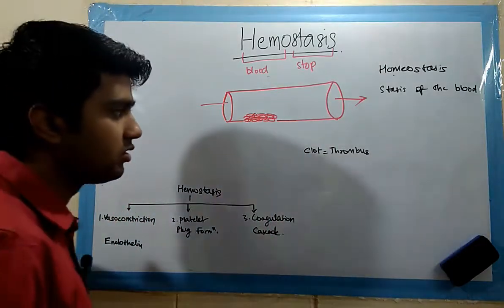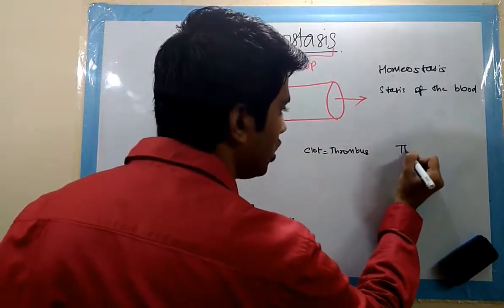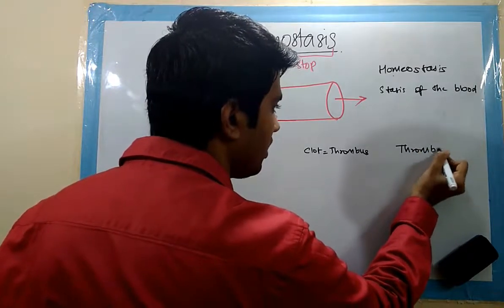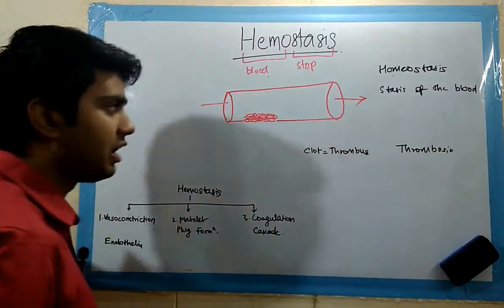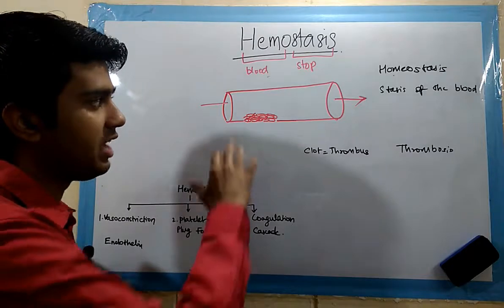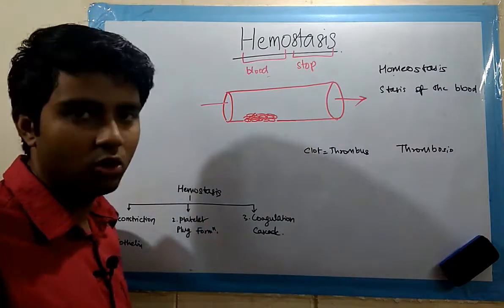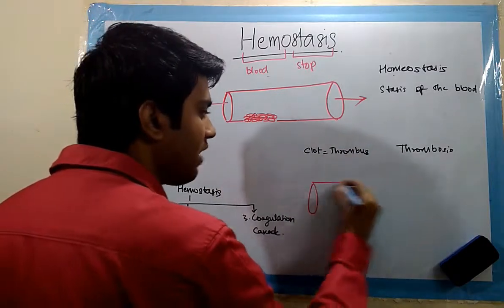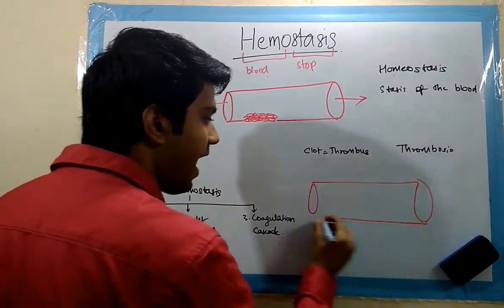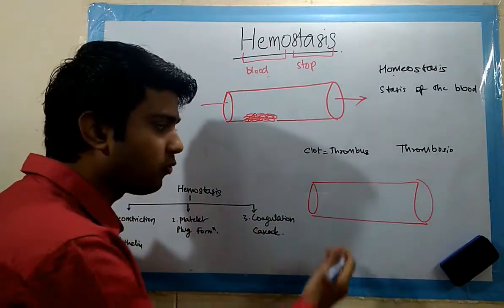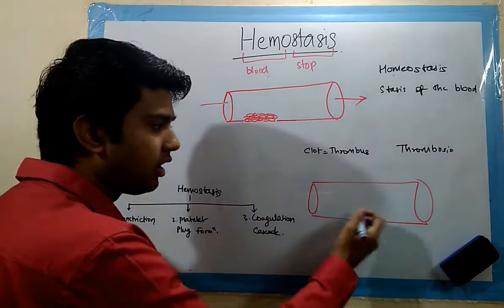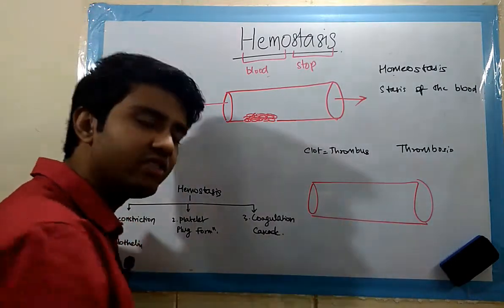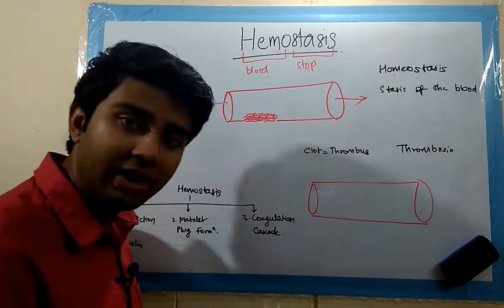And the third word that we have is thrombosis. Now till now, I have told you that whenever we have a damaged blood vessel, a clot forms in that part. But the reality is, suppose we have a blood vessel, and even if there is no physical breach but a little bit of damage on the endothelial surface, then also blood can clot.